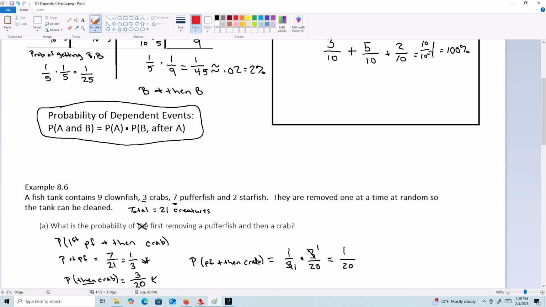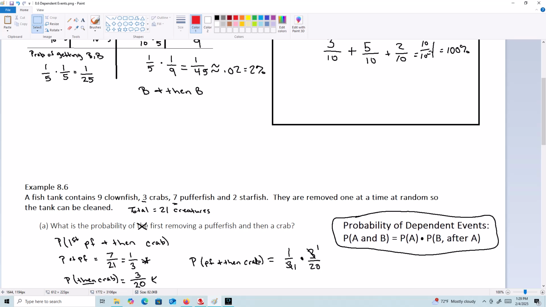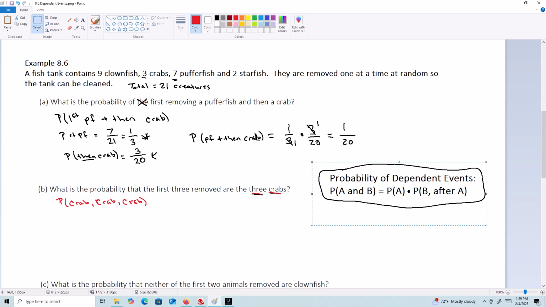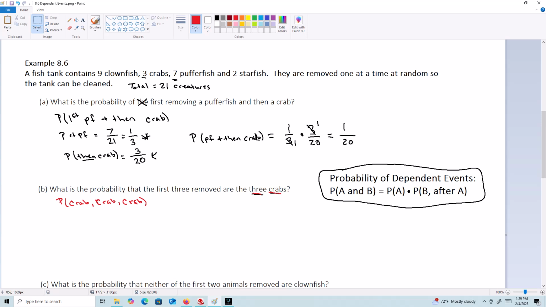I want to move this down here so that we can see our formula. All right, we have the probability of getting a crab and then a crab and then a crab.